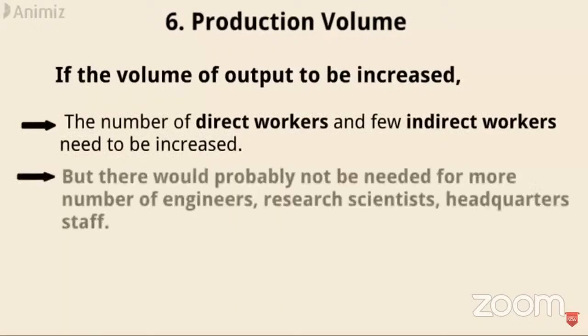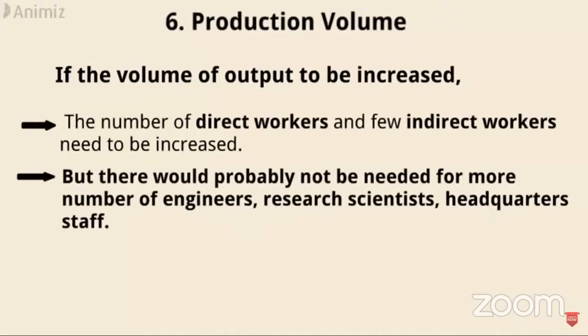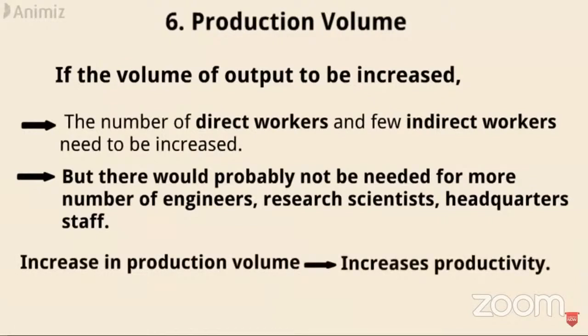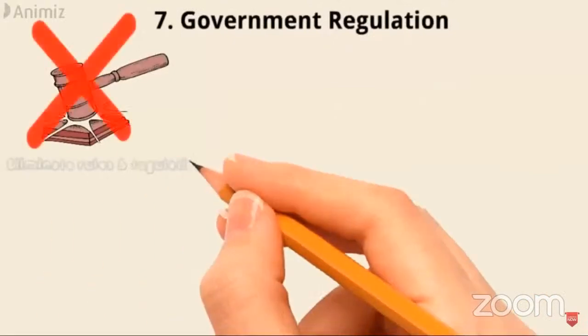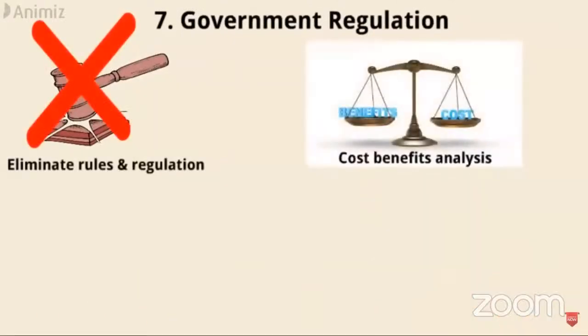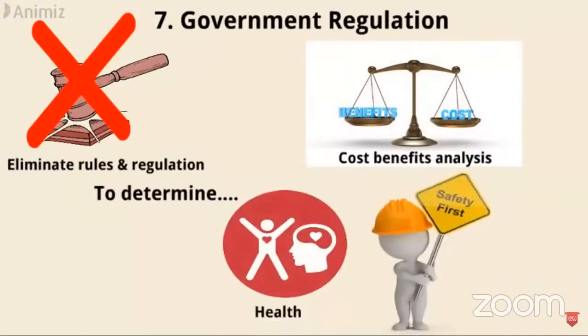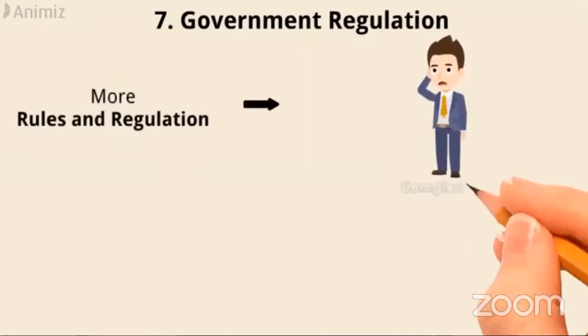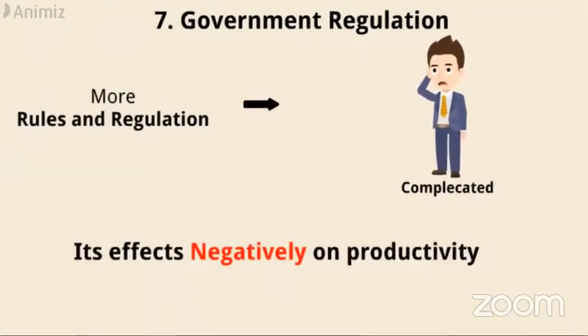But there would probably not be a need for more engineers, research scientists, headquarters staff. So the increase in production volume increases productivity. 7. Government regulation. The government can eliminate unneeded regulations and make a cost-benefit analysis to determine necessary regulations such as health and safety. More rules and regulations make the process complicated. It affects productivity negatively.